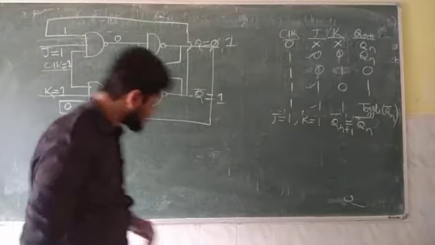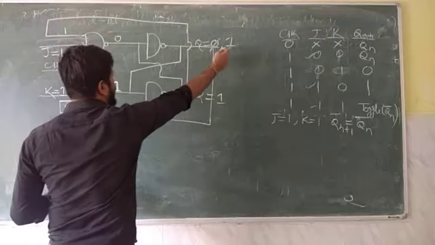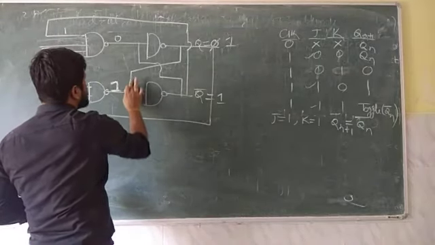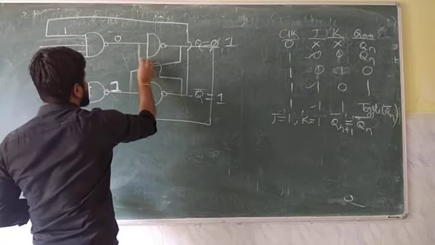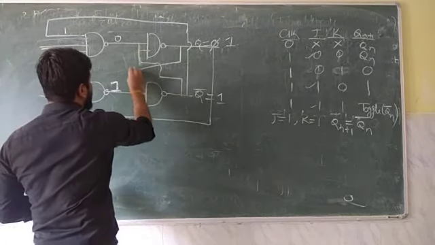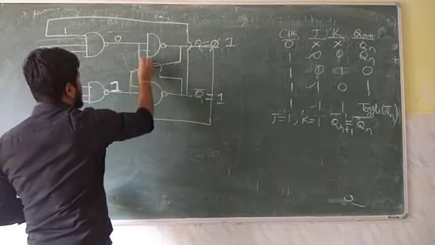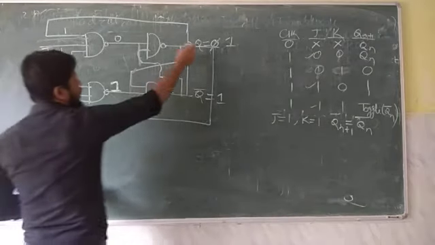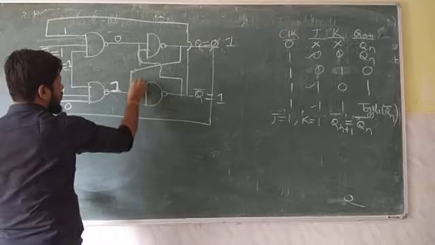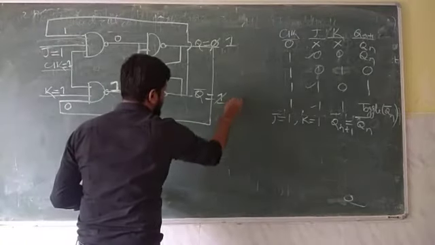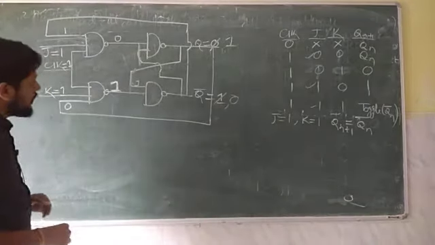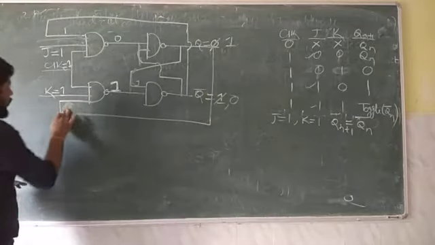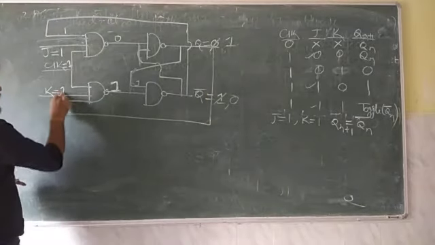Now the moment this is 1, it comes to this gate through the feedback, which is connected like this. So this is not 1 anymore, it changes to 0. Again this 1 is applied here, so this is 1, this is 1, this is 1, and this is 1.